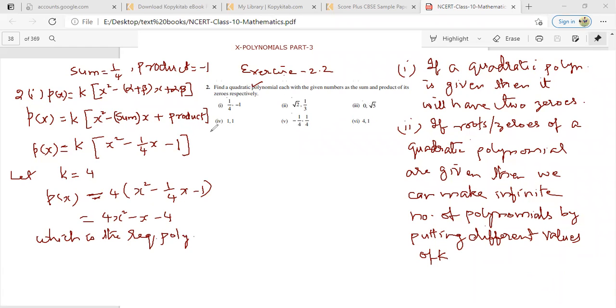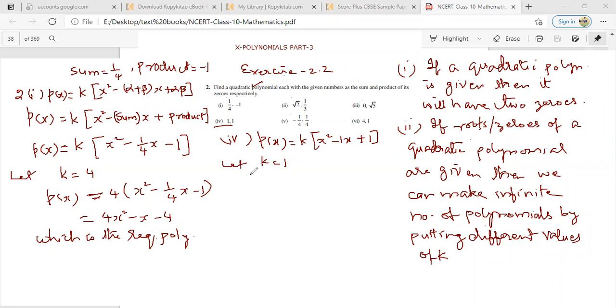Let's take one example. Suppose question number 4. In question number 4, Px is equal to k into x square. Sum is 1, so minus 1 into x, and plus product is also 1. So we are getting this one. No need of putting any other value, so we will take k is equal to 1.